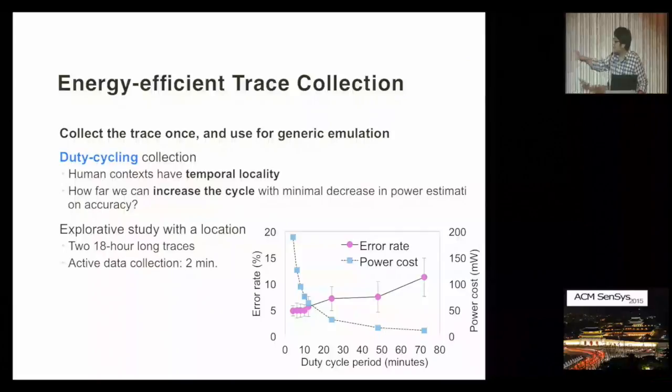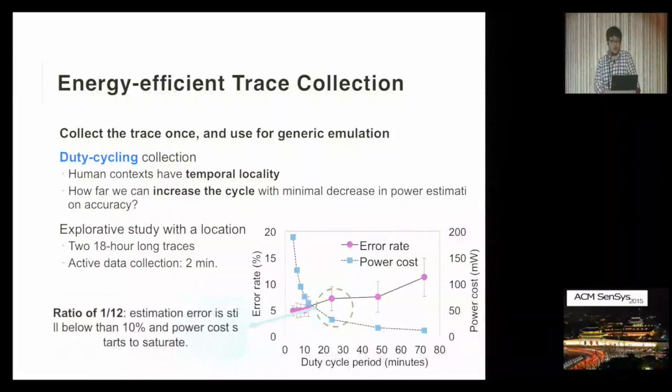In the graph, the blue box means the power cost for the data collection, and the purple circles mean the error rate of the power estimation accuracy. We can see that the ratio of 1/12 shows a reasonable performance. The power estimation error is still below 10%, and the power cost starts to saturate.